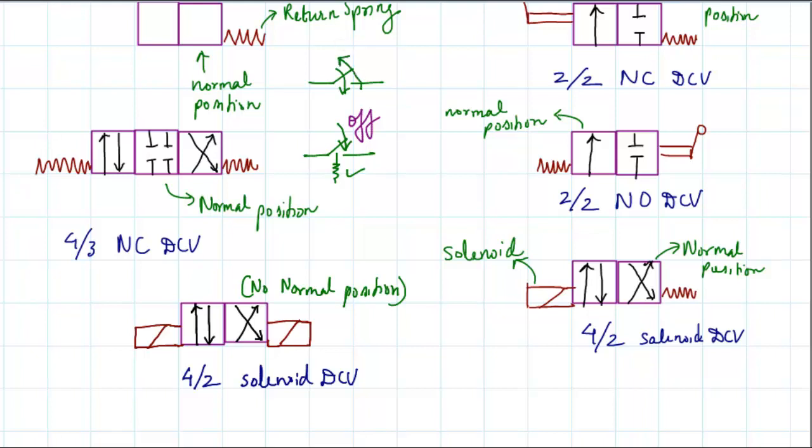So there is no normal position of on or off. It depends on what the user wants. Just like that, here also, based on the solenoid, sometimes this position may be in use or the second position may be in use. So when there is no return spring, there is no normal position.